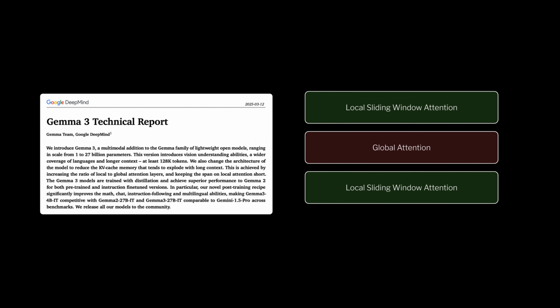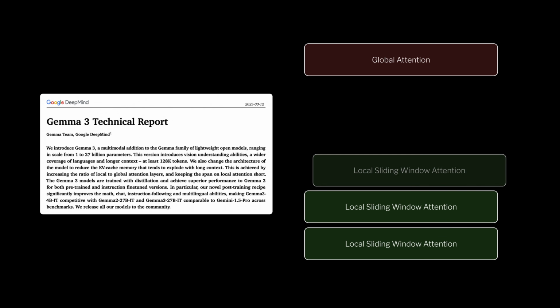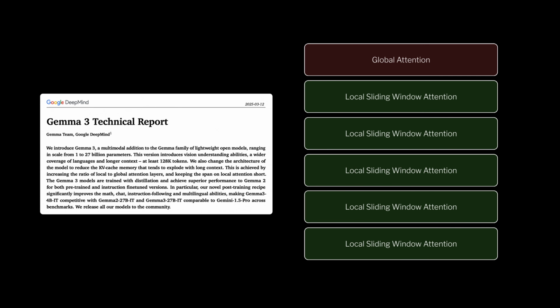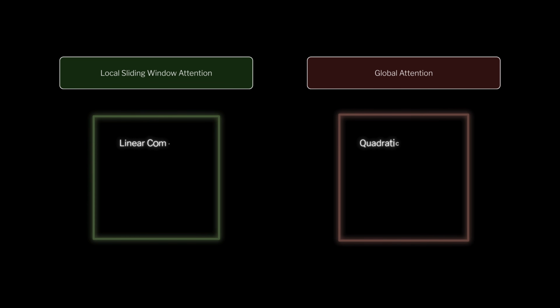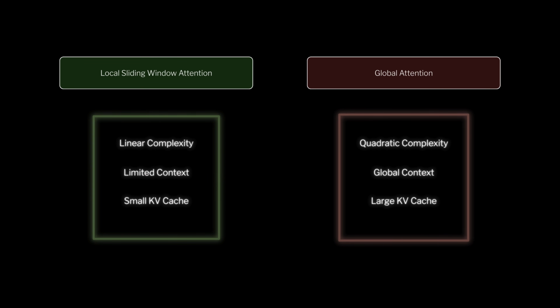Gemma 3 moved to a 5-to-1 ratio while using a smaller 1024 token window. So by interleaving local and global attention layers, we reduce computation using the local layers while still maintaining access to global context through the full attention layers. And for those full attention layers, techniques like group query attention can further reduce KV cache size.